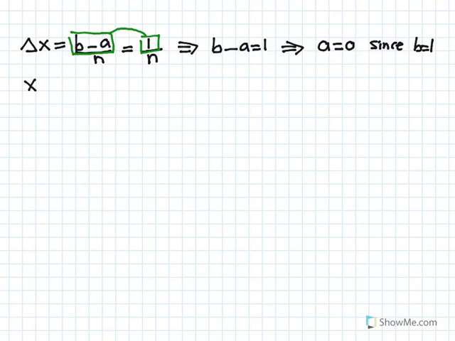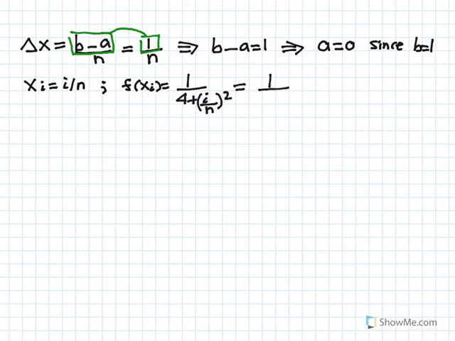Now we have xi is i over n. Let's build up the function f of xi. That's going to be 1 over 4 plus (i over n) all squared. Let's rewrite this as 1 over 4 plus xi squared. We now have all the pieces of the puzzle.